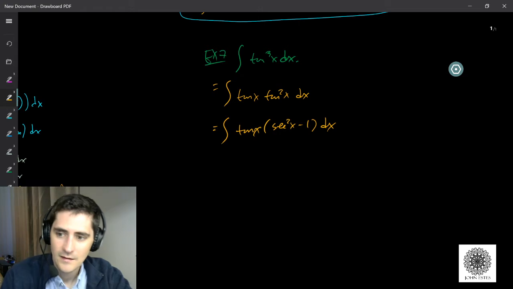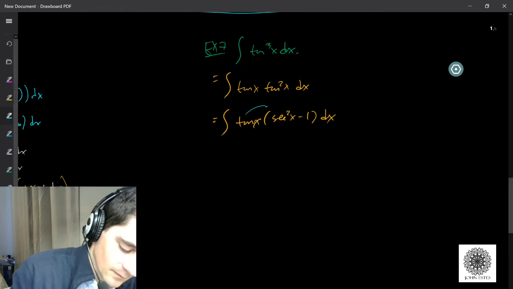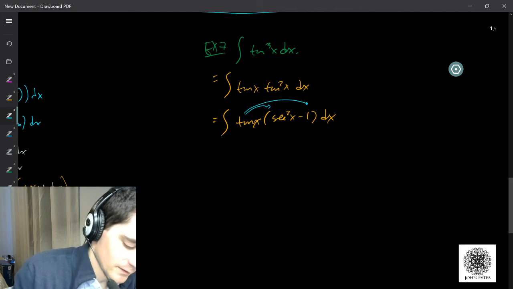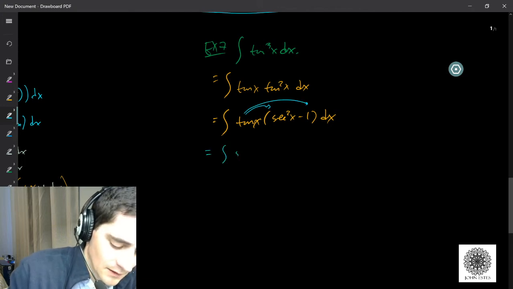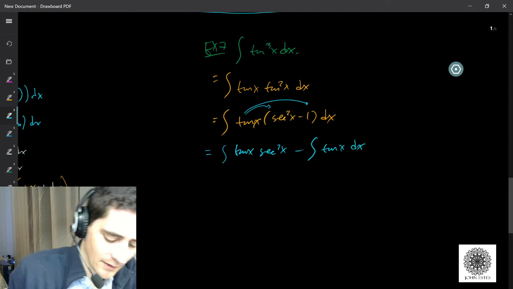Now I'm going to distribute the tangent and break this up as two different integrals. So I'm going to have the integral of tangent x secant squared x dx minus the integral of tangent x dx. All right?